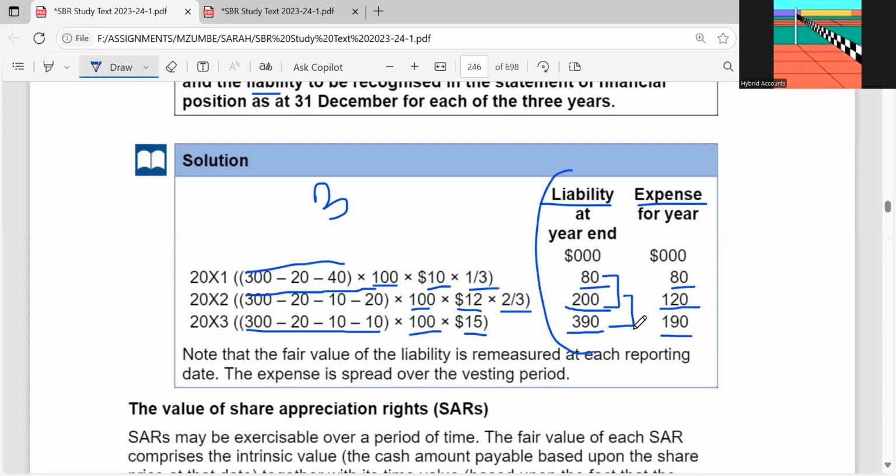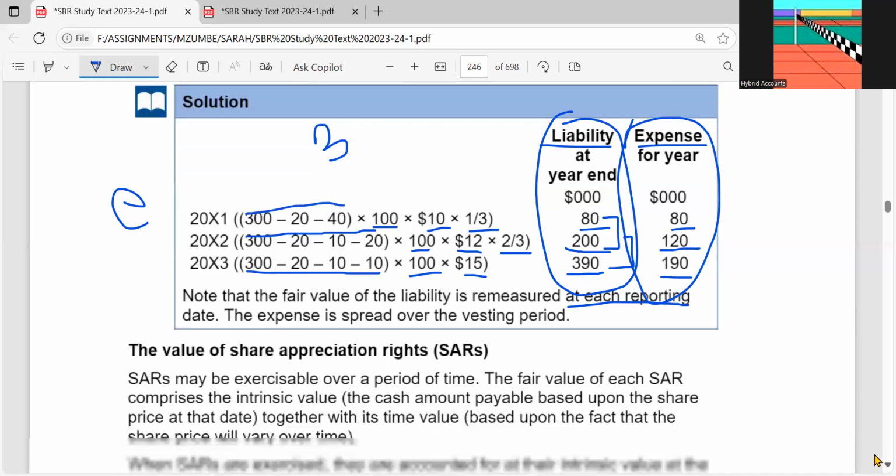So this one should be for statement of financial position, while this one should be for the income statement, right? We are told that the fair value of the liability is remeasured at each reporting period, and at the end you take it. While for equity settled, we measured it once and at the beginning of the period, which was the grant date, right? Just like that, I hope you got something there.